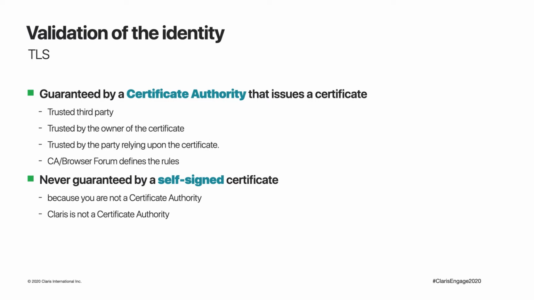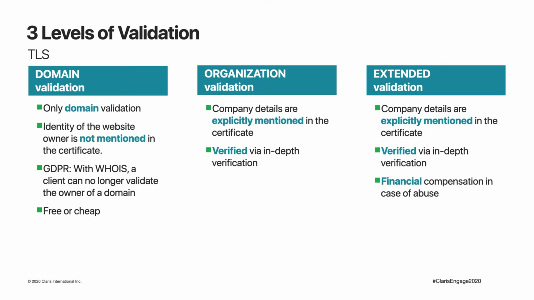If we look at validation, we have three levels of validation for a certificate. First of all, there's a validation on the level of the domain. There's a validation on the organization, and a validation which is called the extended validation. If we look at the domain validation, these are the cheapest SSL certificates you can buy, because the certificate authority only checks if the domain is valid.